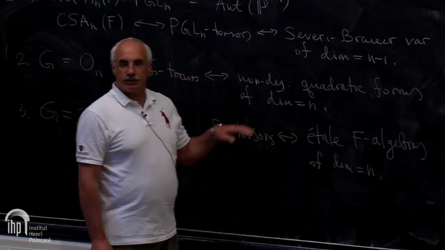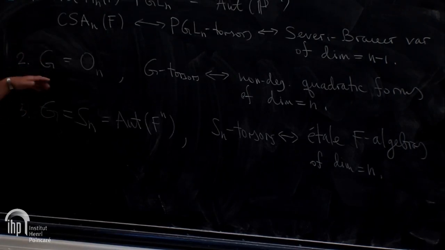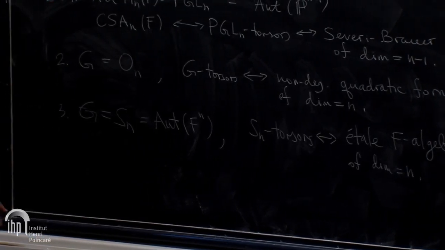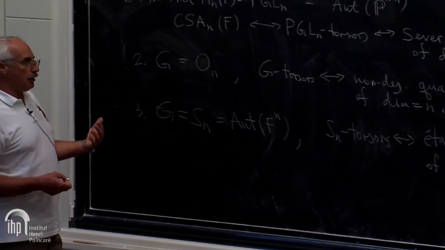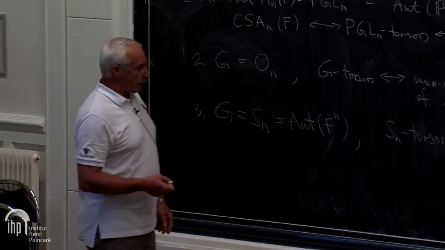And you can continue this list of many interesting algebraic objects, like algebras, quadratic forms, algebras with involutions, and so on, which at the same time can be viewed as G torsors for various algebraic groups G.